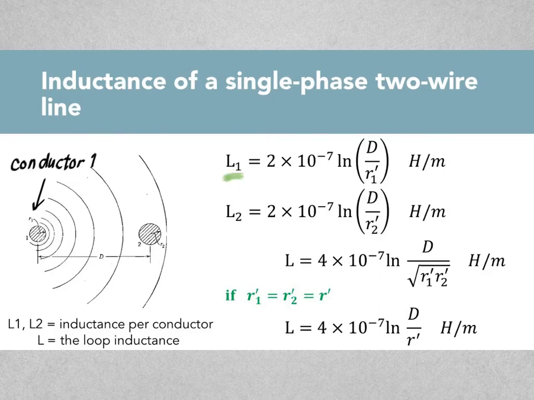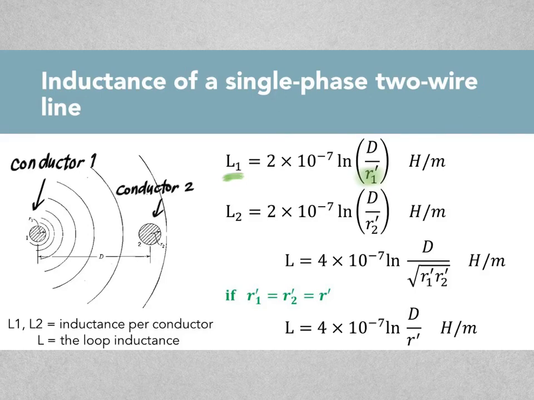So L1, or the inductance of this conductor 1, is 2 times 10 to the negative 7 ln of D over R1 prime. If you may recall, we said earlier that this is the total inductance due to both the internal and external.